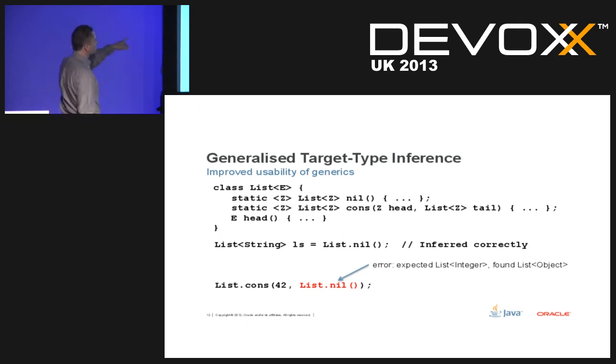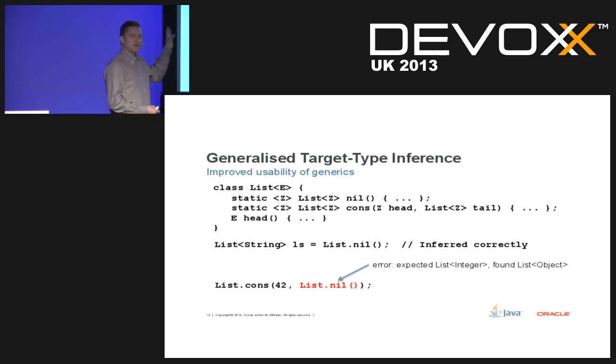We get auto-boxing in terms of the number 42, so that gets converted to an Integer object. But because of the way that type inference works within the compiler, it won't actually be able to resolve the fact that List.nil is, or should be, of type Integer. What it will do is resolve it to a List of type Object, and then you get problems.